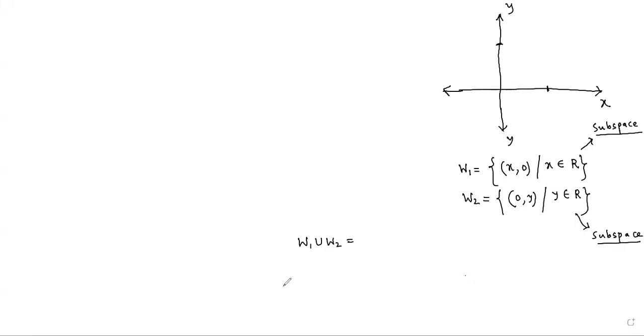Rather, if I consider the linear sum of the two subspaces, the linear sum W1 plus W2 means, by definition, x plus y such that x belongs to W1 and y belongs to W2.